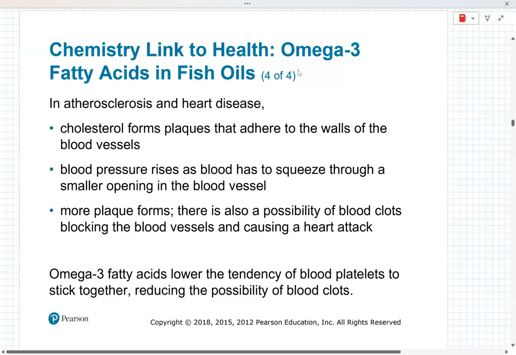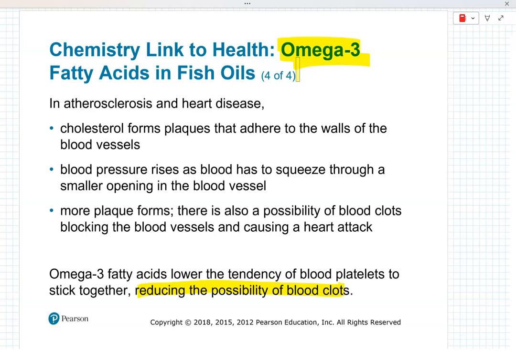So it's been shown that if you increase the proportion of omega-3 fatty acids in the food of mice, that's important, animals for the most part, okay? You're going to reduce the possibility of blood clots, and you're going to reduce the risk for atherosclerosis.